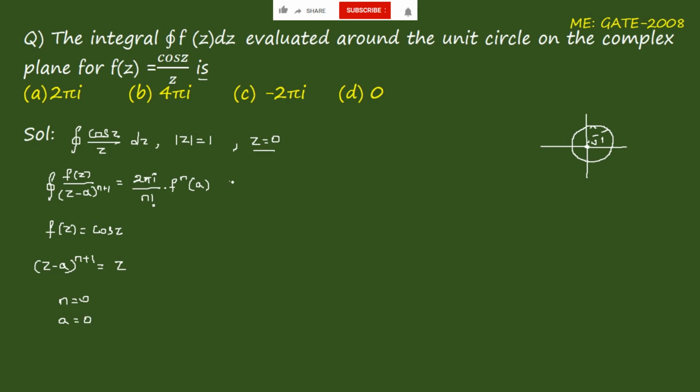So substitute here, we get 2 pi i by 0 factorial into f of a, right? f of 0 you have to substitute. n is 0, so no need of doing differentiation. So it becomes 2 pi i, 0 factorial is 1, into cos, f of z is cos z, right? f of 0 means cos 0, and cos 0 is equal to 1. So it becomes 2 pi i. So the answer is option A.